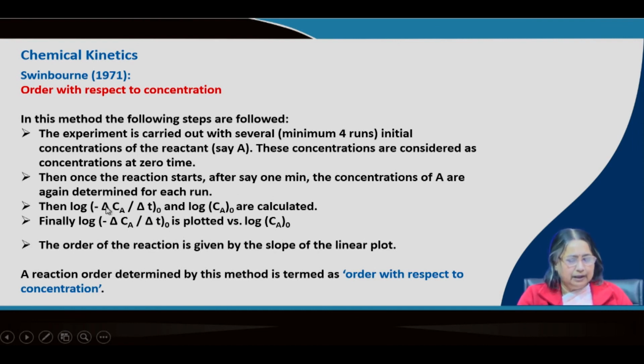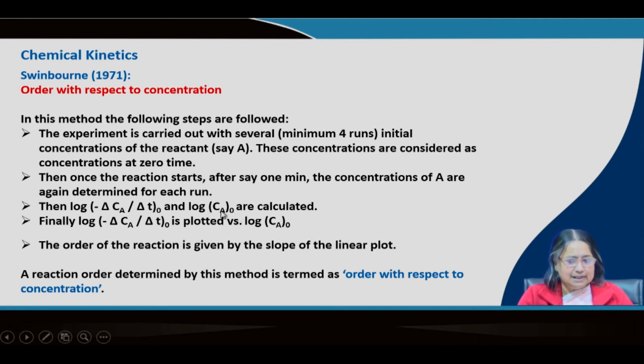So, delta T is 1. This value we can get, and we can also get the log of this, and then log Ca0, which is nothing but the initial concentration.